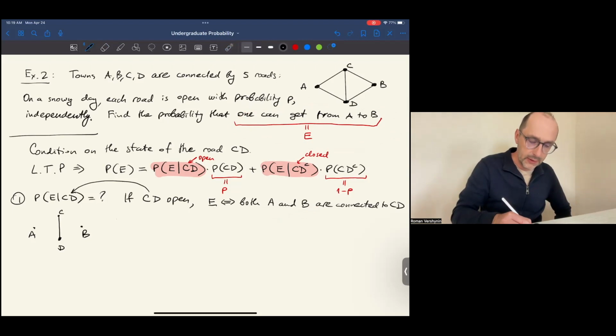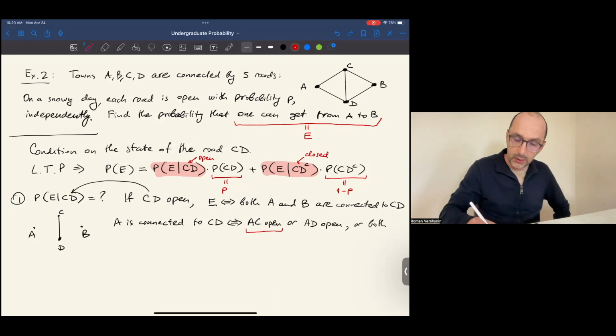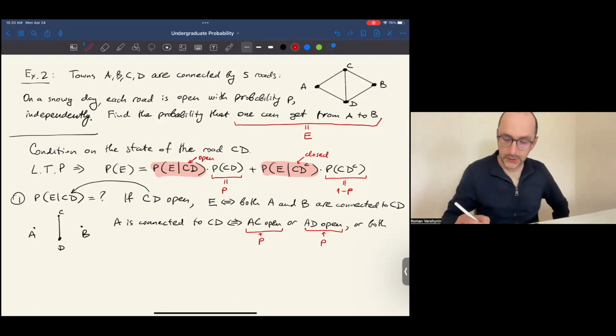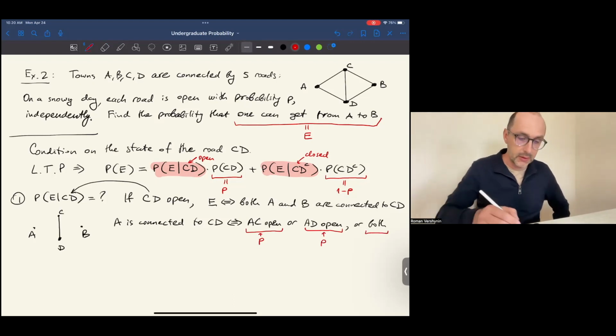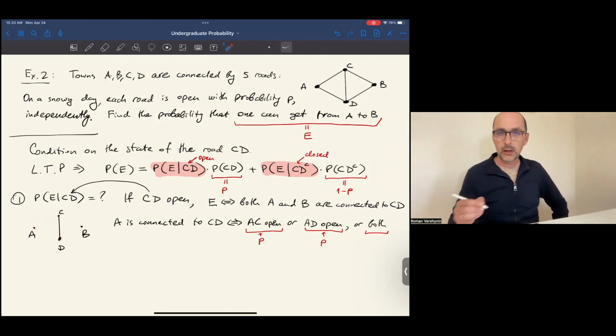What's the probability that A is connected to the road CD? That means that either road AC is open, or road AD is open, or both are. Each road is open with probability P. So the probability of this is P. The probability of this is also P. And what's the probability that both AC and AD are open?